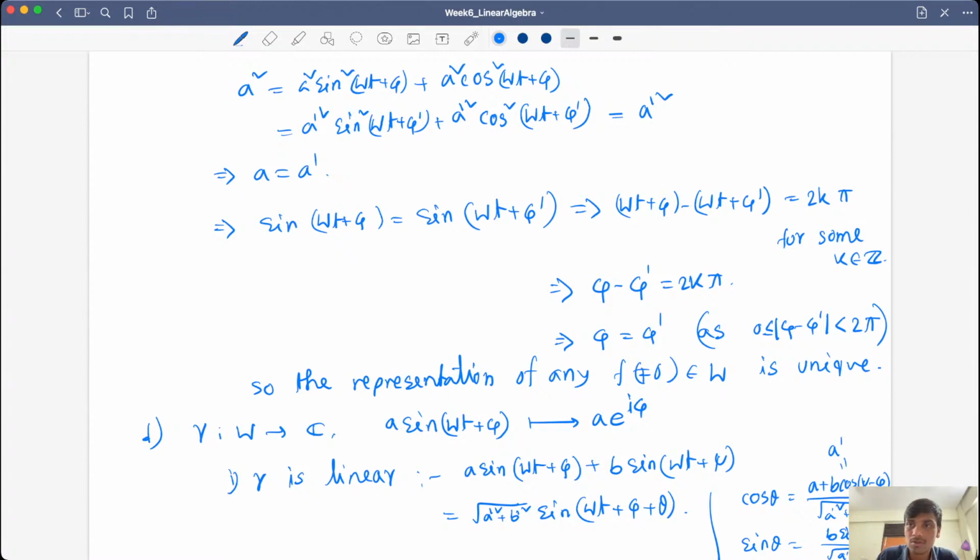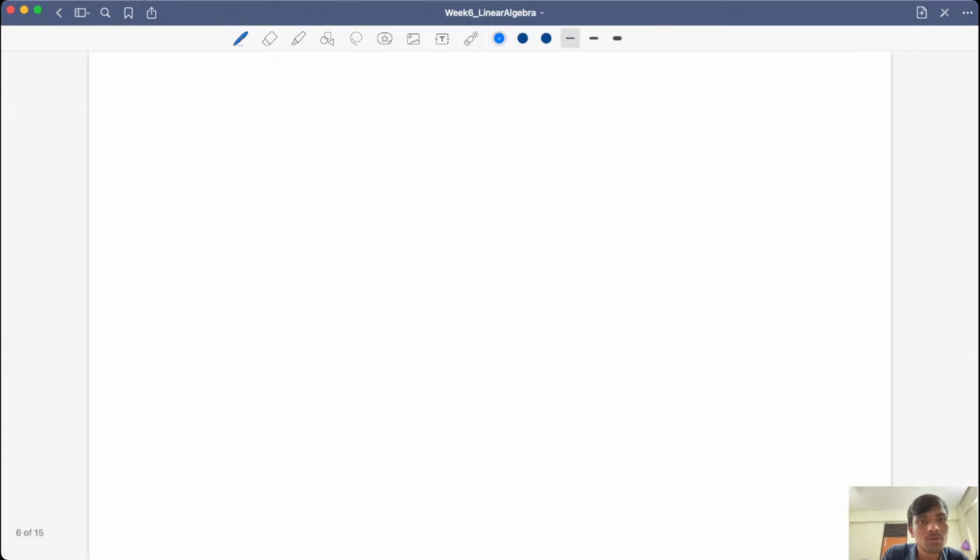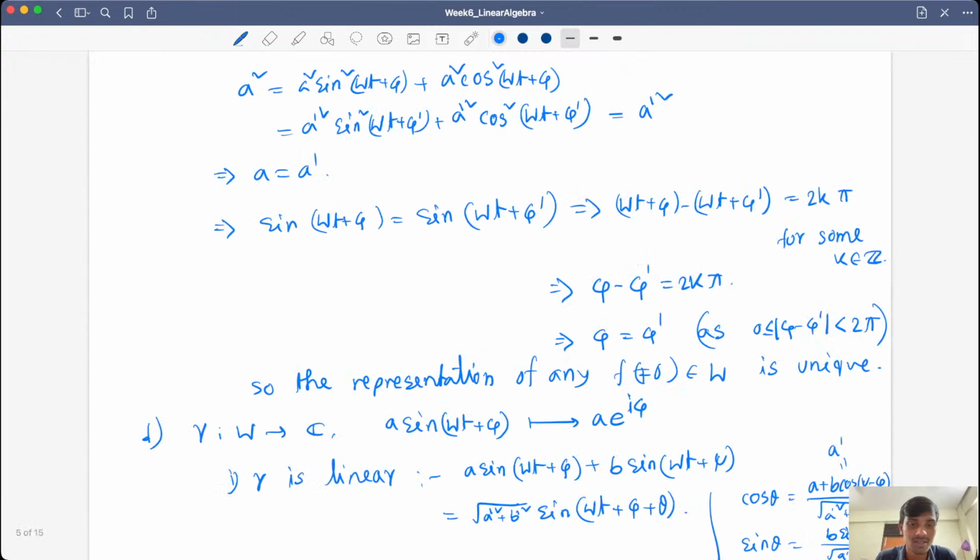Okay, so let me write that. The root of a prime square plus b prime square is actually nothing but the root of a square plus 2ab cos psi minus phi plus b square. And this a square you just write as a square cos square phi plus sine square phi, and similarly for b square, just to manage things to see that this is linear.